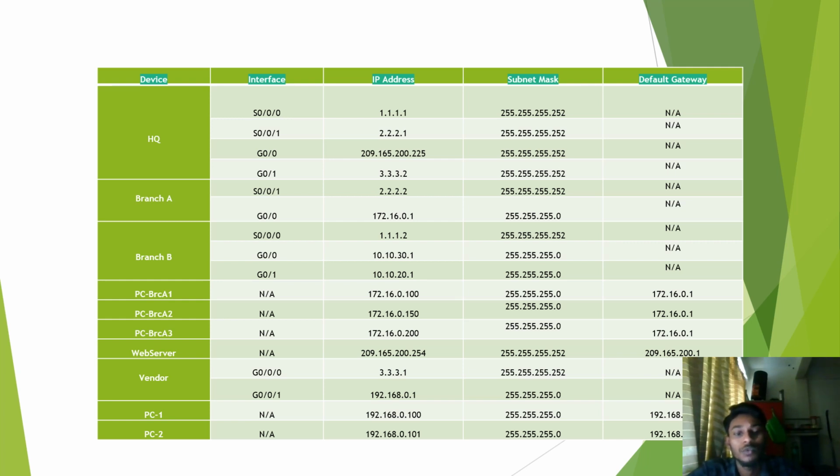PC branch A2, IP address 172.16.0.150, subnet 255.255.255.0, and the default gateway is 172.16.0.1. PC branch A3, 172.16.0.200, subnet 255.255.255.0, and the default gateway 172.16.0.1.